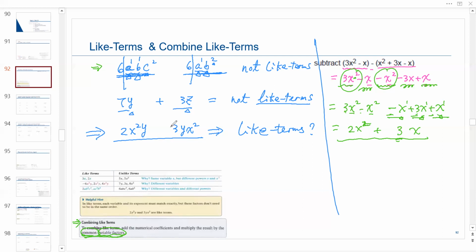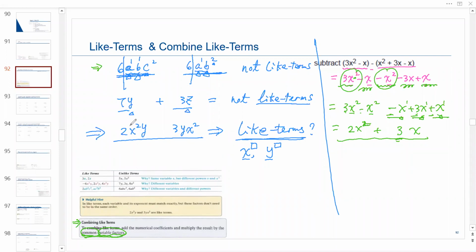Okay, see these two terms. To judge whether they are like terms or not, first we see whether the variables are the same. Second, we see whether their exponent part is exactly the same. But I didn't say anything about their sequence.